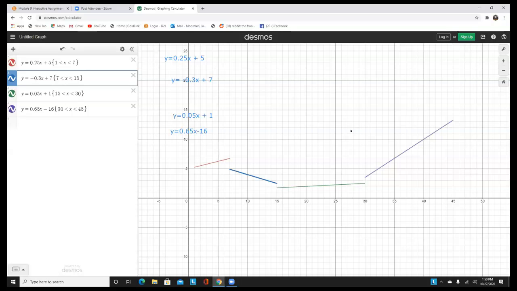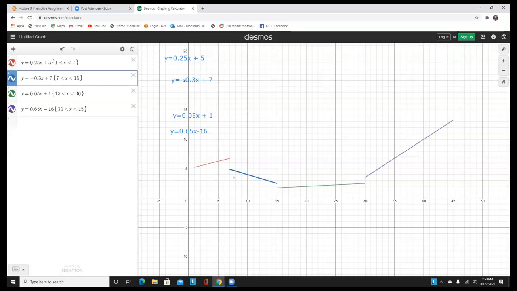So if these were lining up with measurements of cases, then you are optimistic that it goes from the first interval into the second interval. There's a really sharp decline. So the number of cases is really going down on that interval 7 to 15.